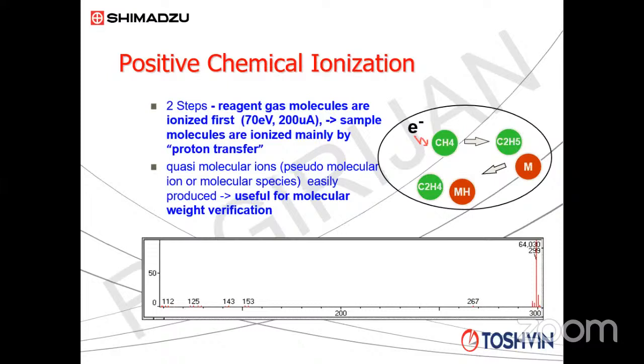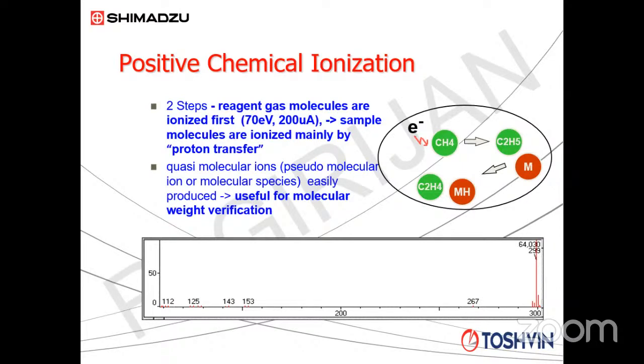They will collide with the sample molecule, and the extra proton is given to the sample. You can consider it a protonation reaction. These reactive ions will go back to a stable form, and then your sample molecule will attain 1 unit more. That becomes M plus 1.